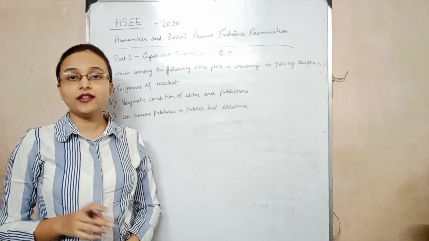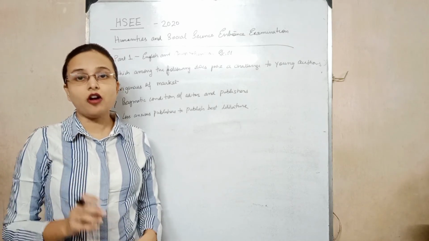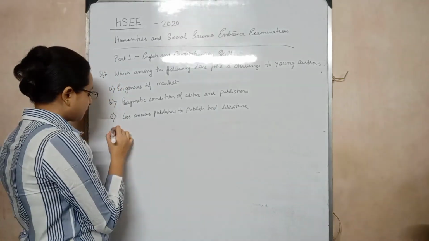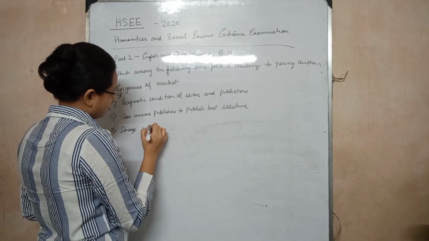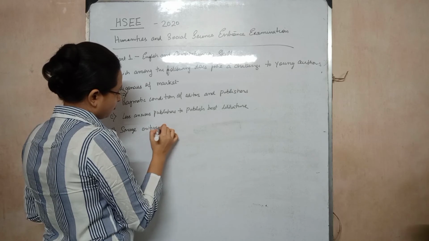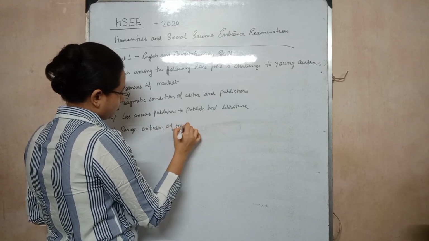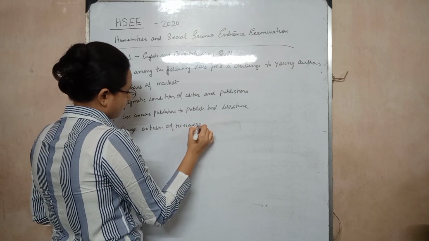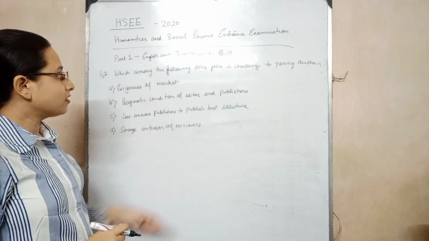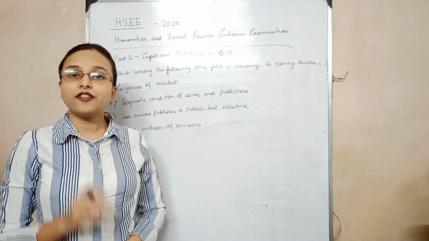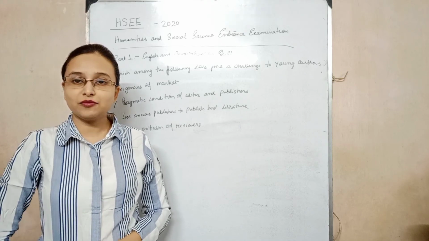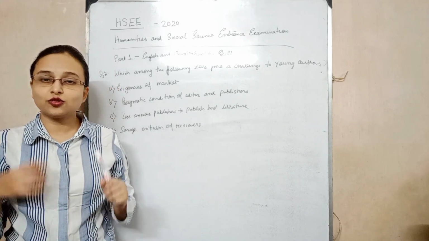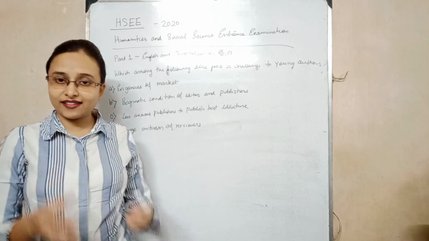The last option was savage criticism of reviewers. Okay, so these were the four options given. From the options itself, you will be able to identify. I am sure I will not be able to guide you through this, because you are an expert in this.